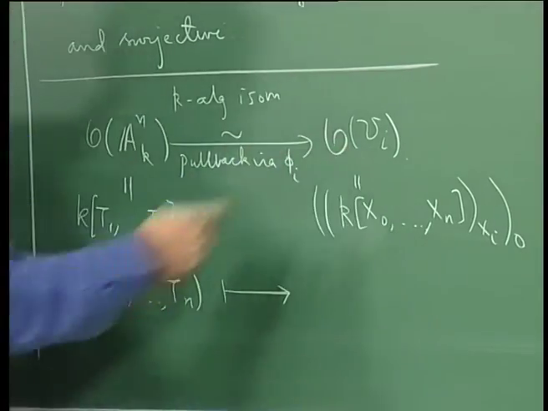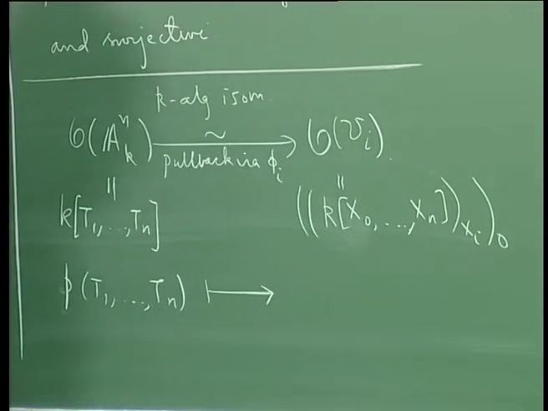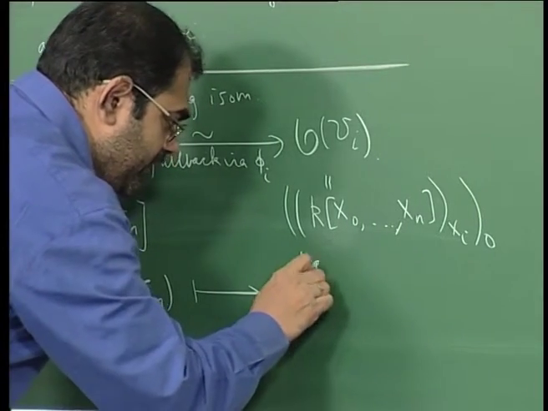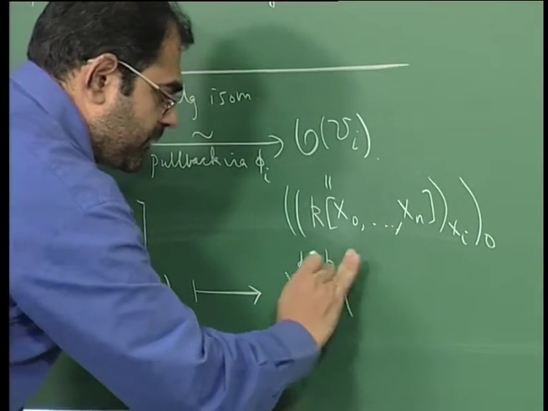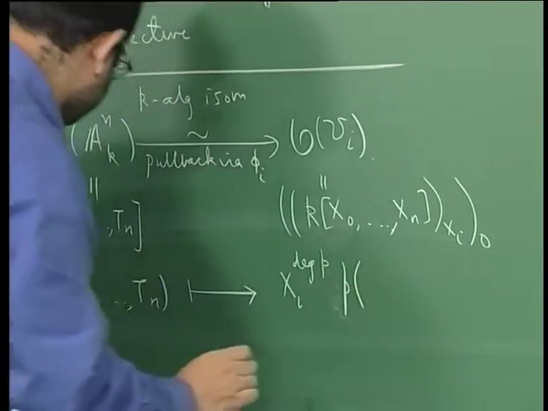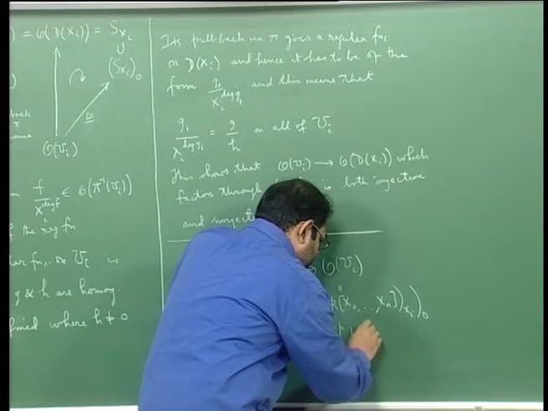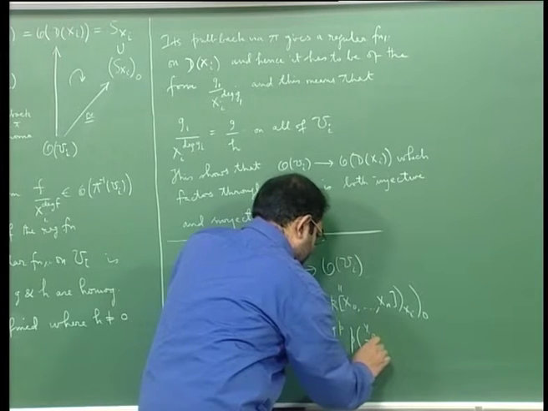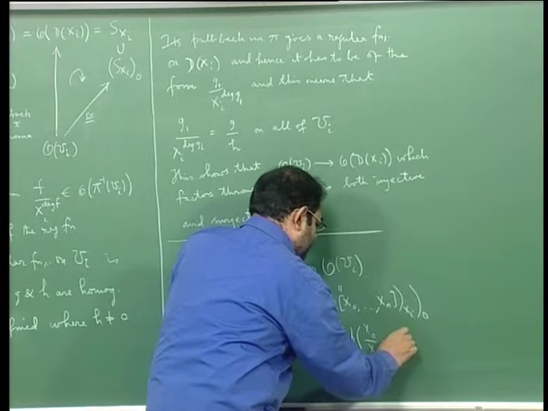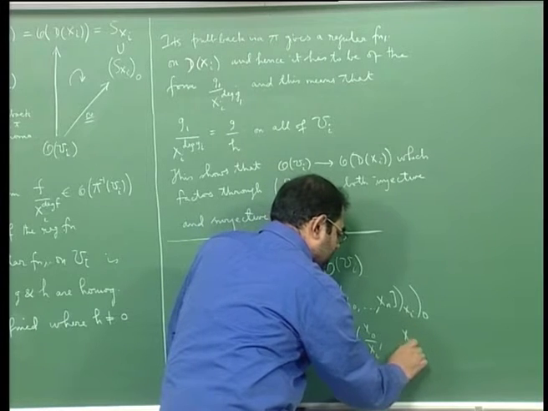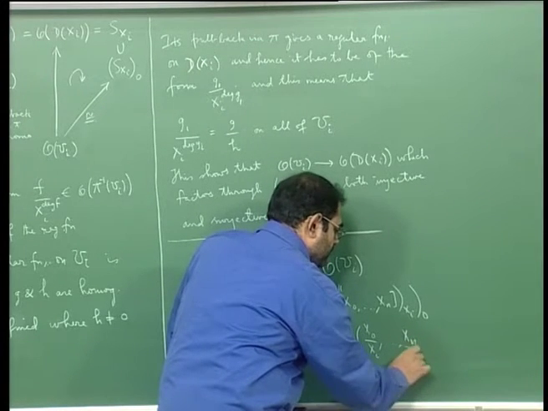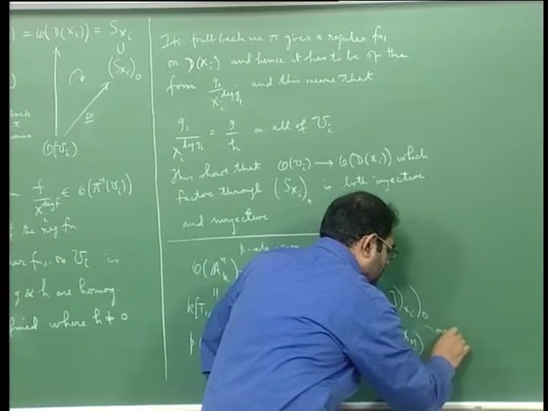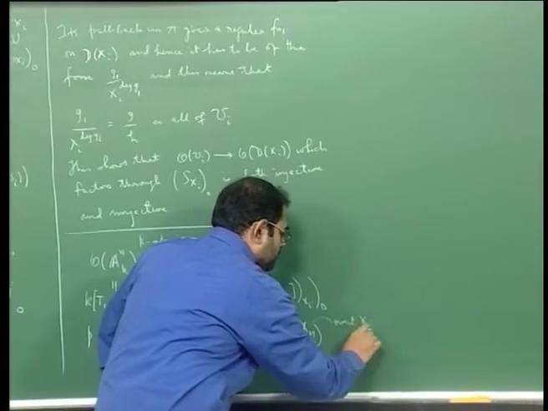I am going to send it to the following thing: I homogenize it, which means I take xi to the degree of P times P of x0 by xi, and so on, xn by xi, and of course when I write this I omit xi by xi.